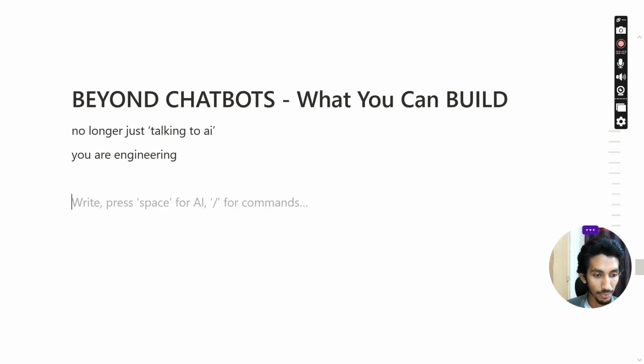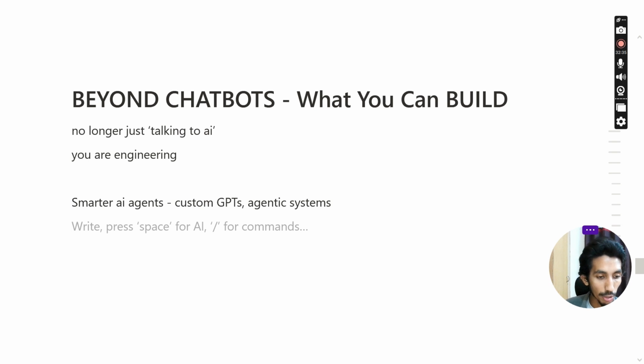You can make smarter AI agents. If you are working with AI agents and AI automation and stuff like that, you can build smarter AI agents. For example, you can make custom GPTs or other agentic systems that can understand complex instructions, use tools, and perform multi-step tasks.